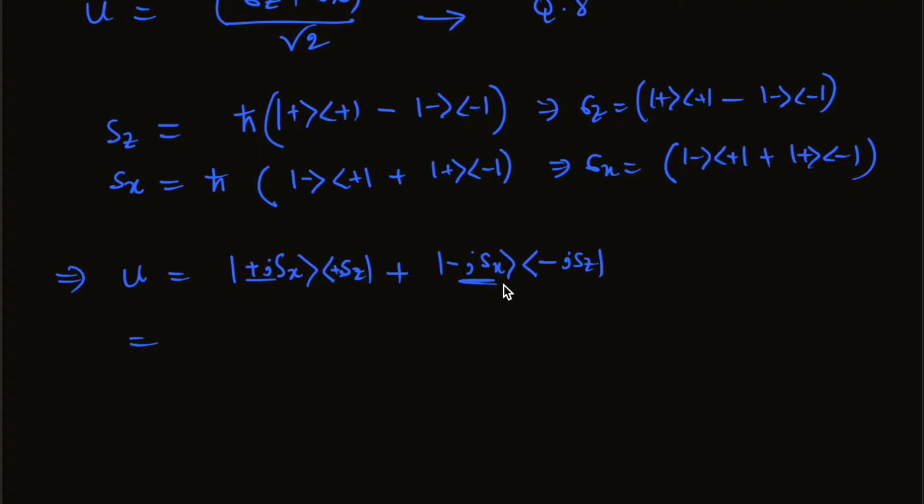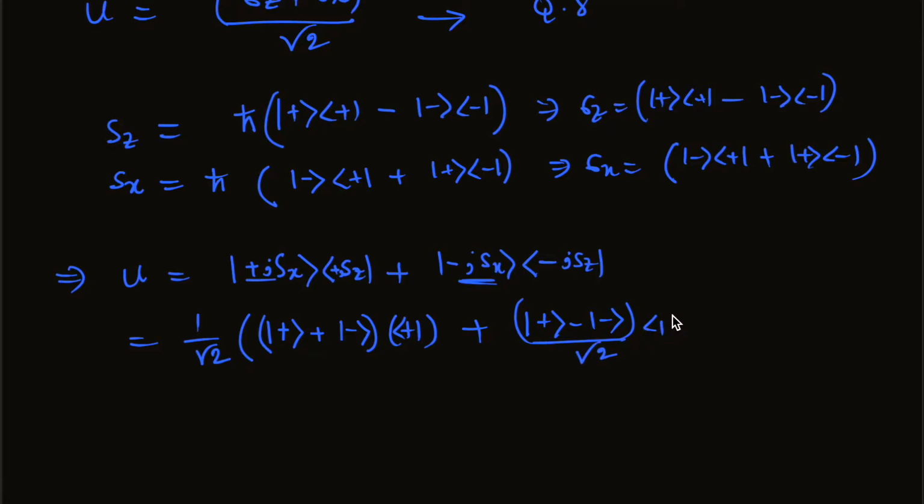If we represent plus SX and minus SX in the eigenkets of SZ, we get 1 by root 2 of plus plus minus, and 1 by root 2 of plus minus minus.